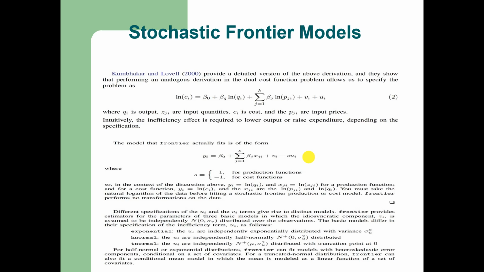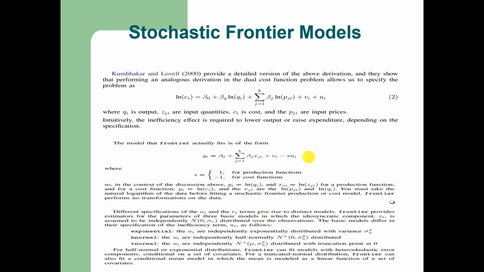The frontier command in Stata provides estimation for the parameters of three basic models in which the idiosyncratic component vi is assumed to be independently normally distributed with zero mean and variance sigma square v distributed over the observations. The basic models differ in their specification of the inefficiency term ui as follows. ui may follow an exponential distribution, and in that case the ui are independently exponentially distributed with the variance sigma square u.